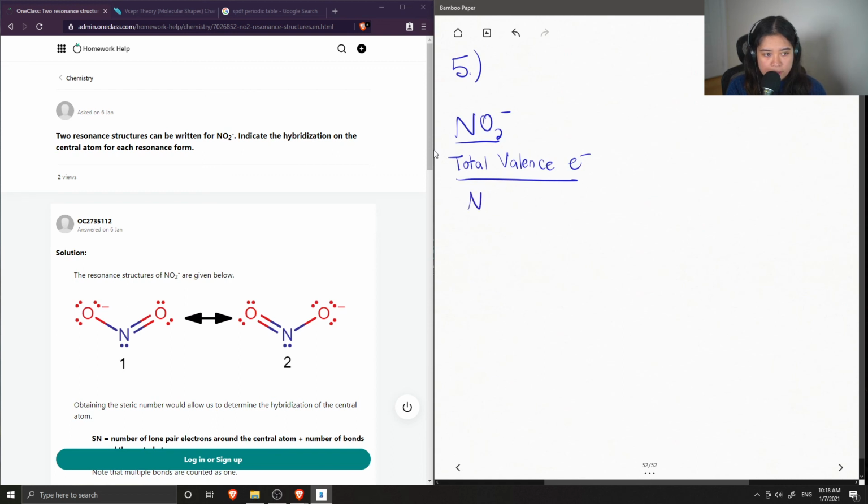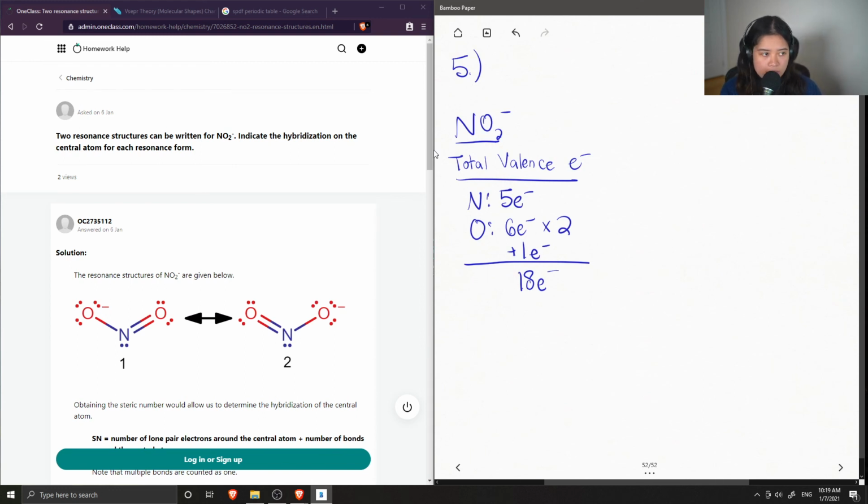So nitrogen has 5, oxygen has 6, and there are 2 oxygen atoms, so we multiply this by 2. And the ion as a whole has a -1 charge, so we're going to add an additional electron to our total count. Okay, so if we add this all up, we get a total of 18 valence electrons.